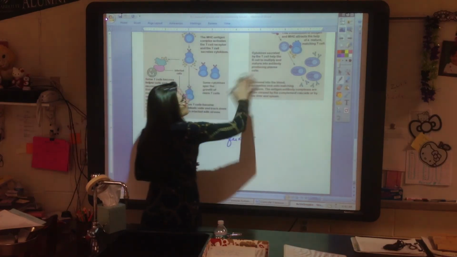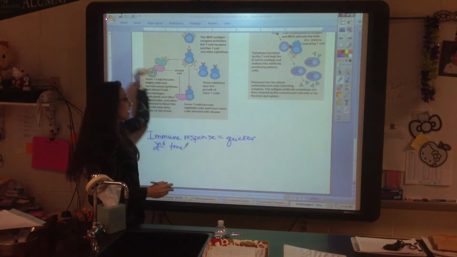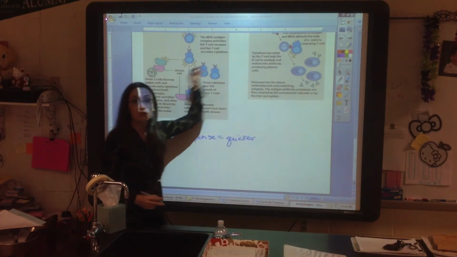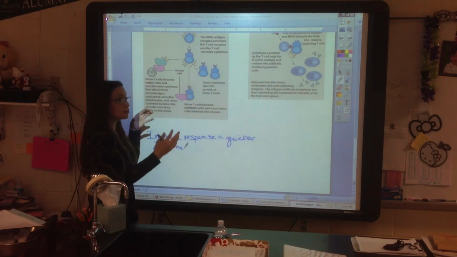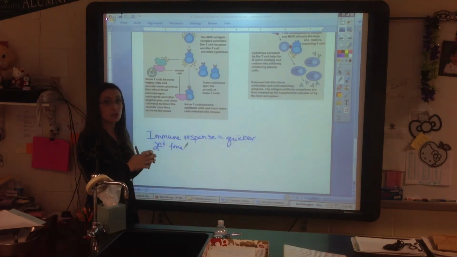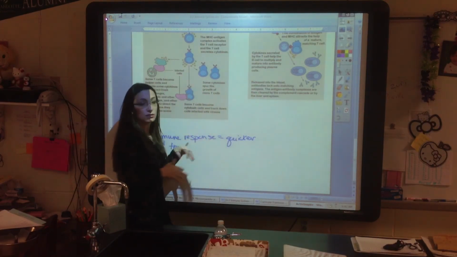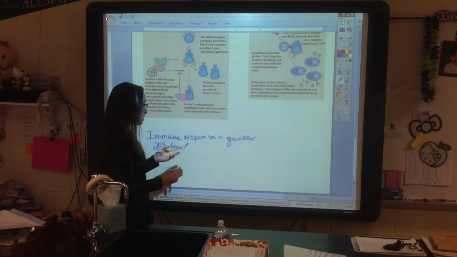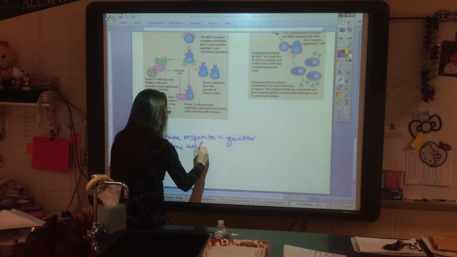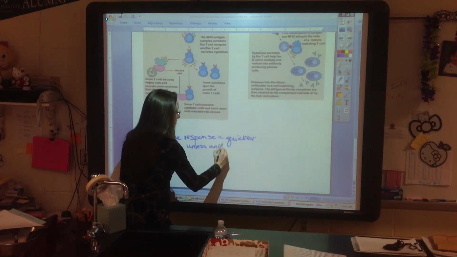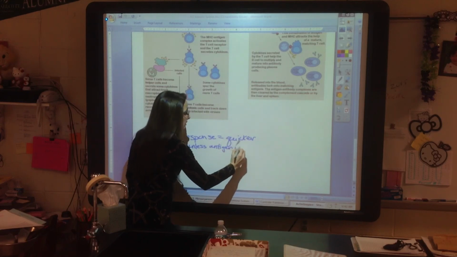Because of this specific immunity, knowing how to attack that, how to track it, how to contain that immune invasion, your response is actually quicker the second time because you already have these cells designed for that antigen. Unless the antigen is a different shape.